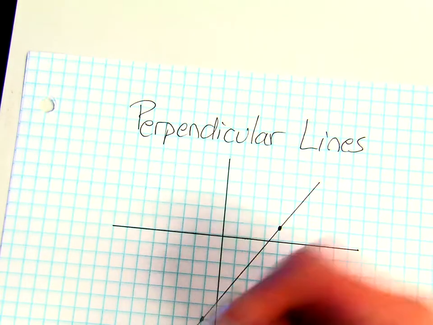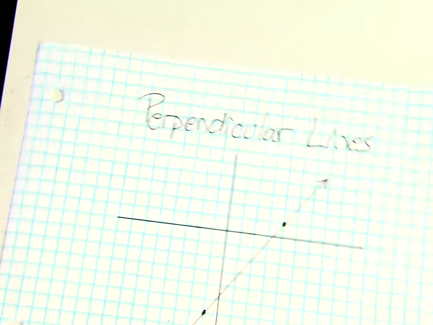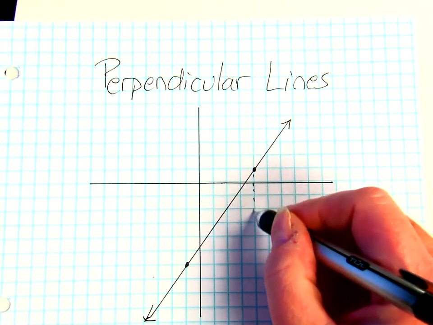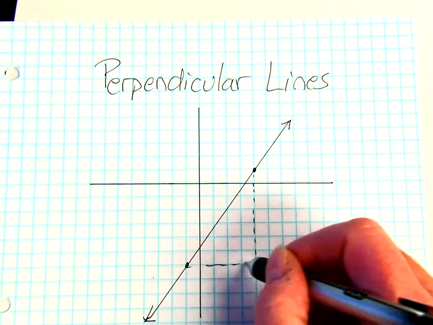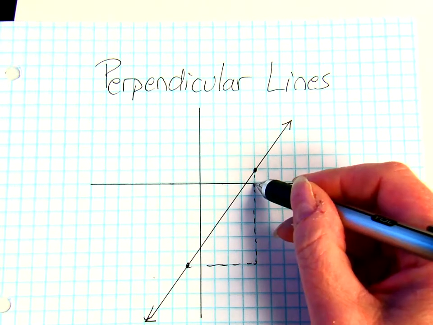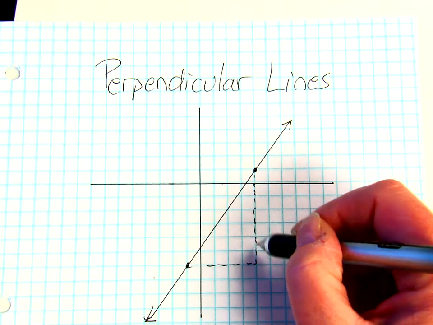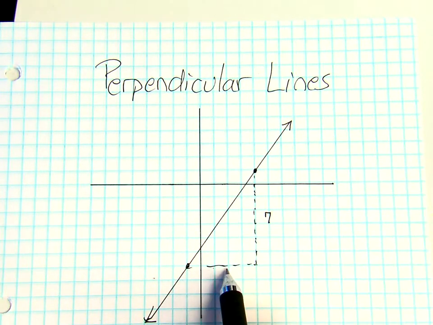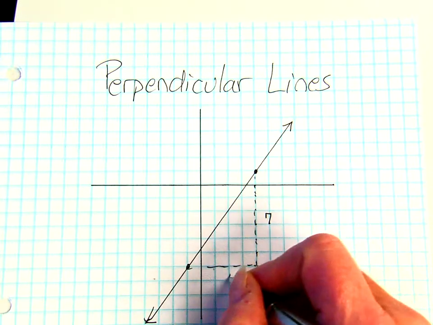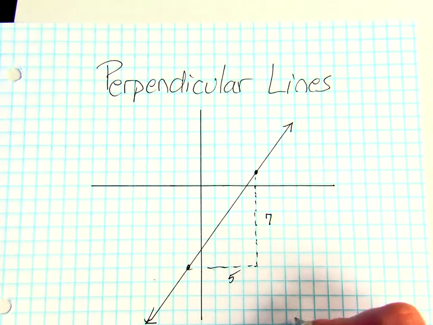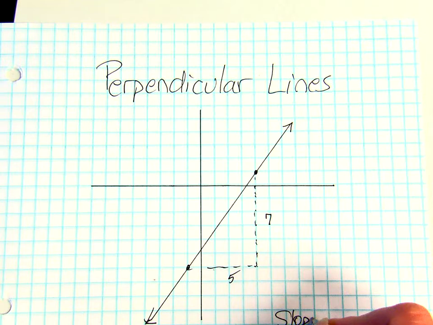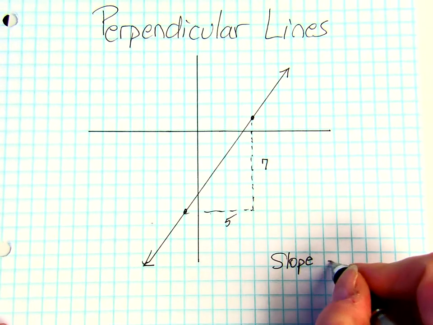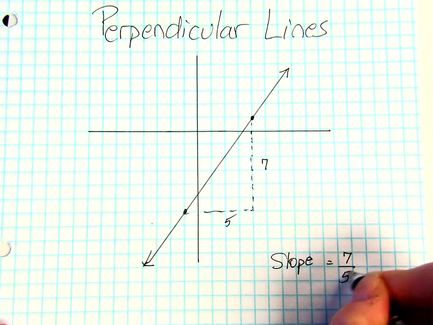Okay, so here is my starting line. Now I'm going to find my slope. I've got 1, 2, 3, 4, 5, 6, 7 here, and 1, 2, 3, 4, 5 here. So my slope is 7 over 5.